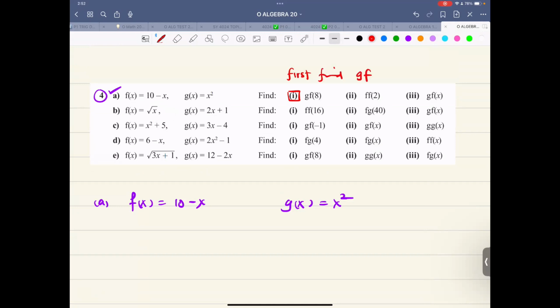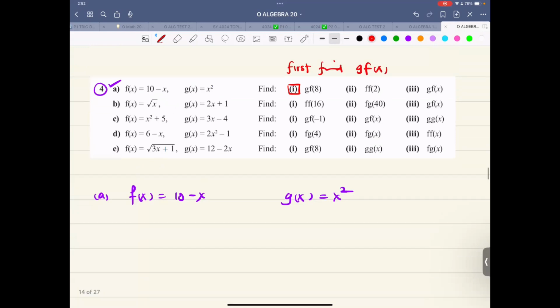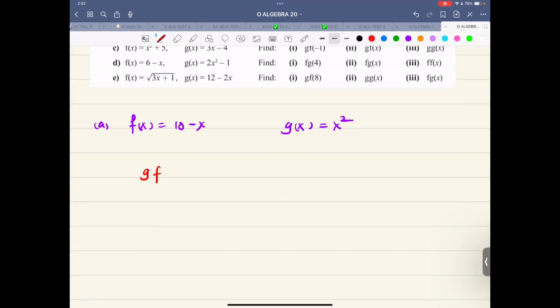g(f(x)). So g(f(x)), it means take this f(x) and plug it in inside g(x). So g(x) is x squared. So this thing would be squared. What goes inside? That is f(x). What is f(x)? 10 minus x. No need to expand it.